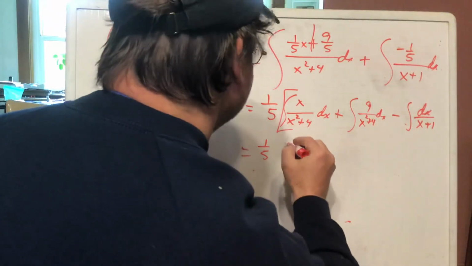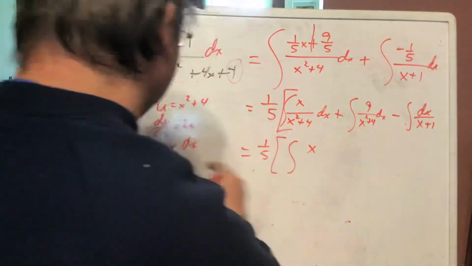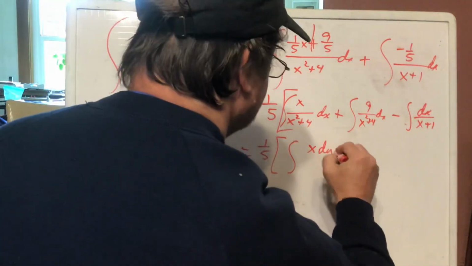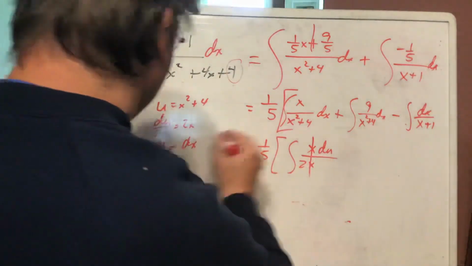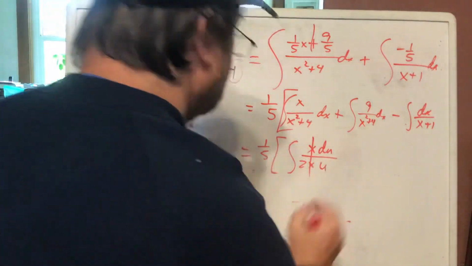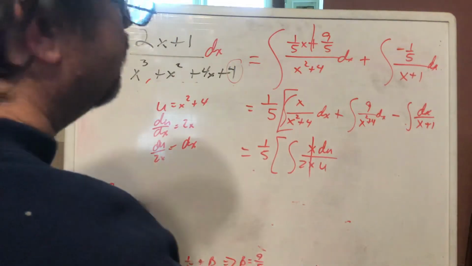So as I rewrite this one, integral of, I've got the x, dx is du over 2x, which will cause those to cancel, and x squared plus 4 is u. So that's going to be a natural log. That one is du over u with a 1/2 term in there.